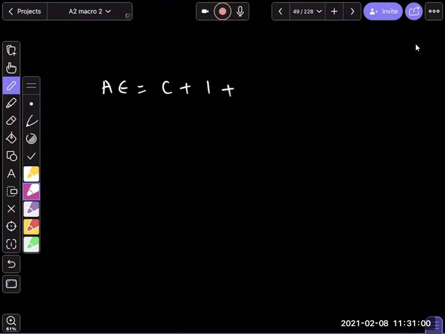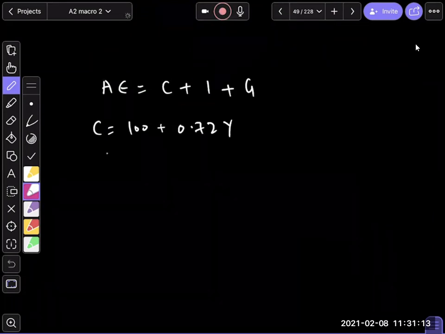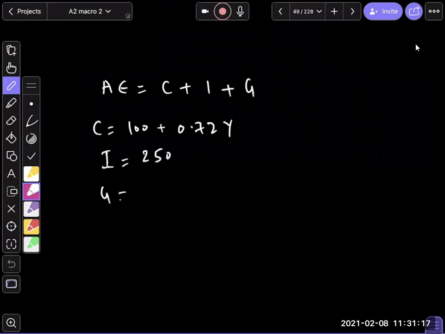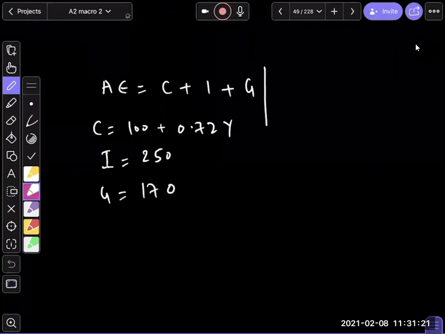AE is C plus I plus G, okay? Where C is 100 plus 0.72y. Remember, now we're going to put that one. I'm not taking 0.8y because I'm looking at the new MPC. I is 250 from the last, and now G I suggested 170, right? Okay, so that's one thing. What's the equation of saving? Minus 100 plus... what should I write?